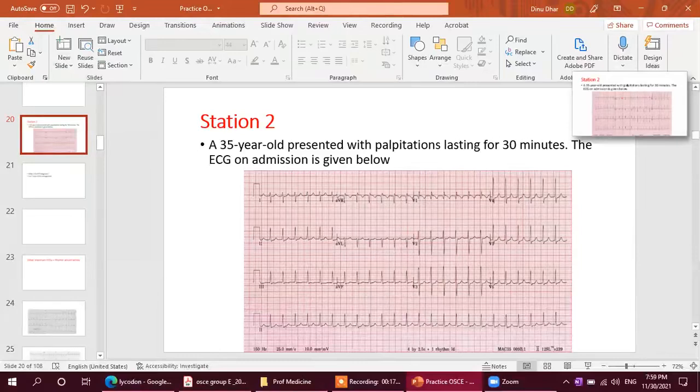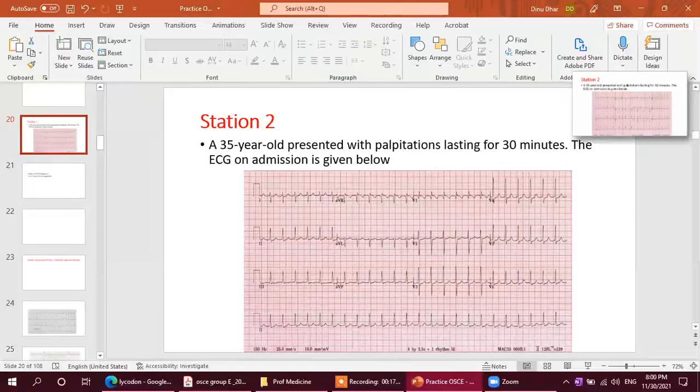As you can see in this picture, this is clearly a narrow complex tachyarrhythmia, because the QRS complex is 0.12 seconds or less.